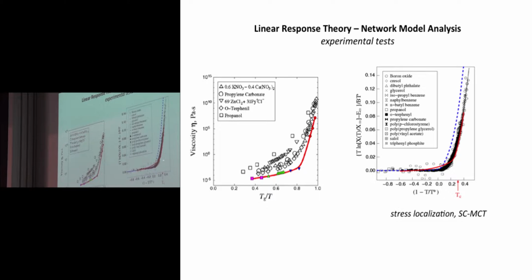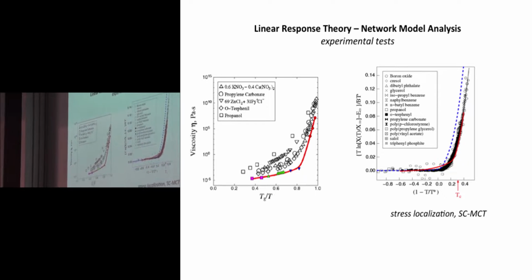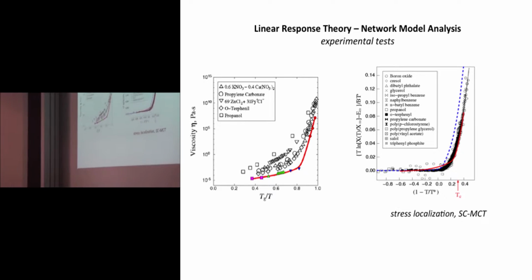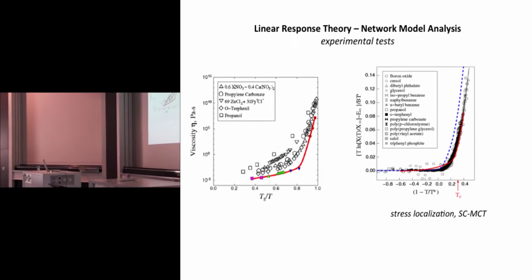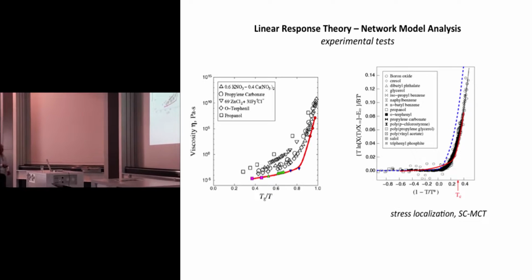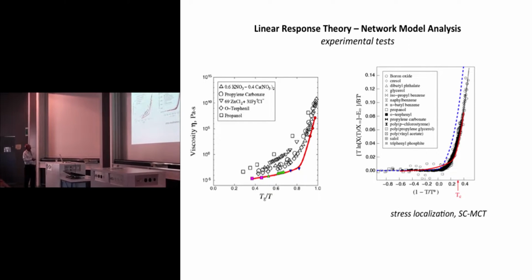You can see this red curve goes through this fragile behavior pretty well, and you can also identify some kind of crossover temperature, which Austen Angell was trying to suggest. Instead of the glass transition temperature, which is a sort of arbitrarily defined temperature, when the supercooled liquid has a viscosity of 10 to the 13 poise, but there is really nothing physically significant. What's more interesting, as suggested by Mallamace and Stanley and others, is this crossover temperature.